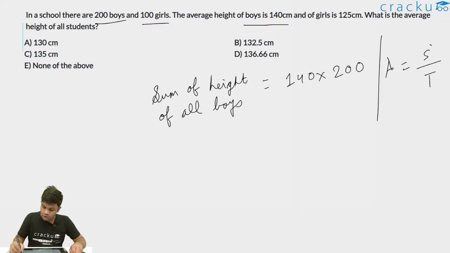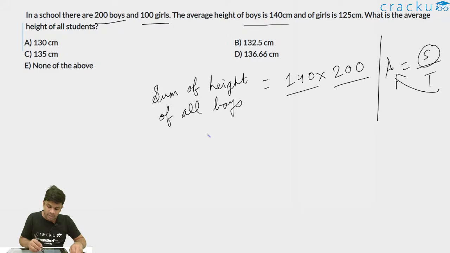So when you have to find the sum, the total number will be multiplied by the average. So the average height of all the boys is 140 and the total number of boys is 200. So 140 into 200 is the sum of height of all boys.